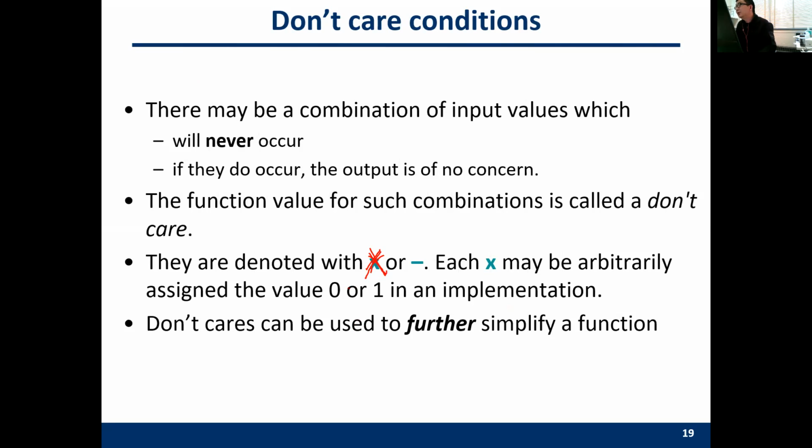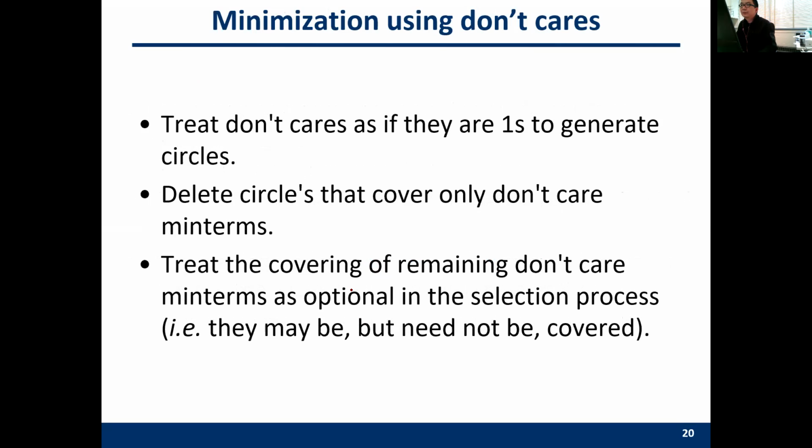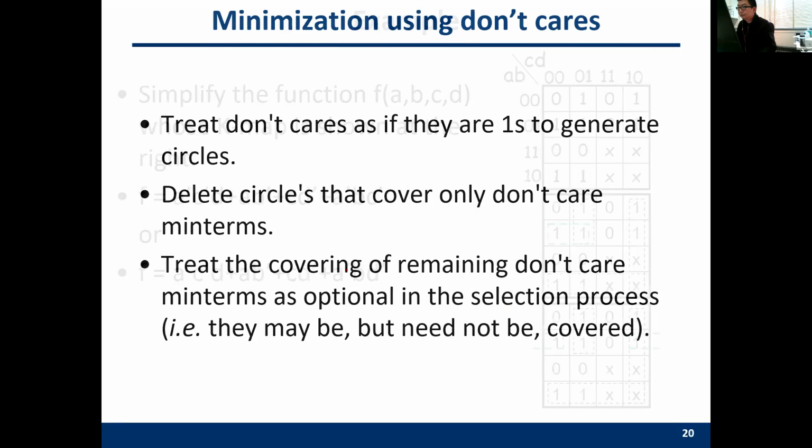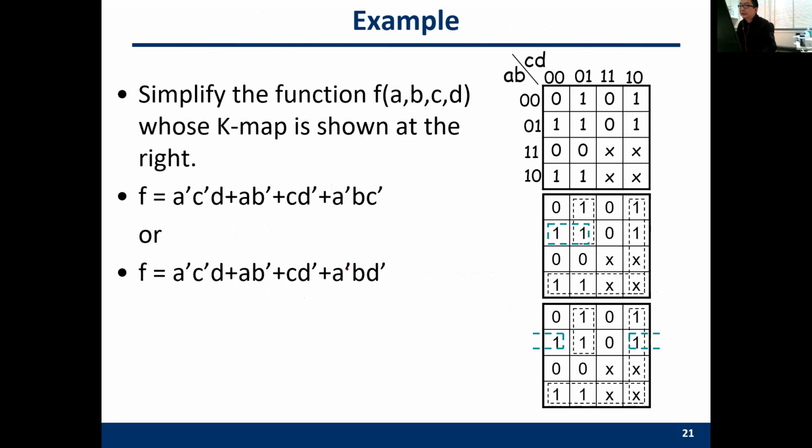We can also utilize the don't care to simplify the K-map, because they can be treated as 1 or 0. So here is an example. If you know these don't cares, you can write these symbols here.